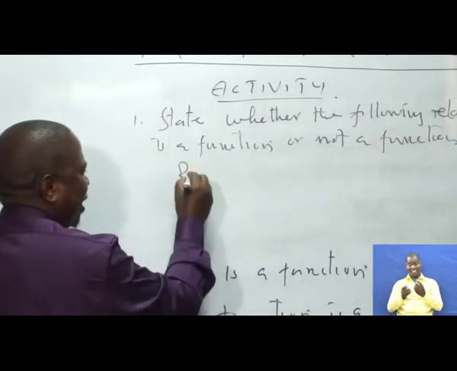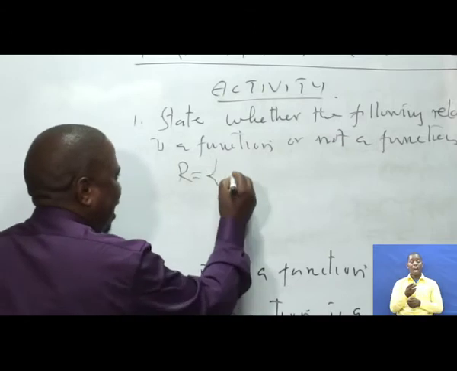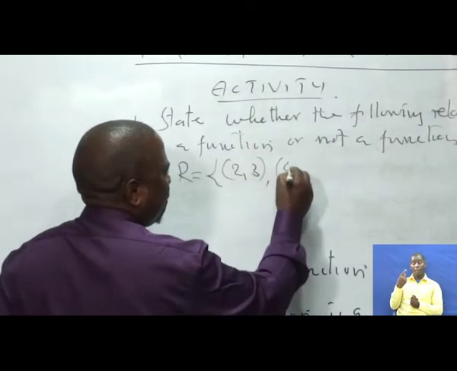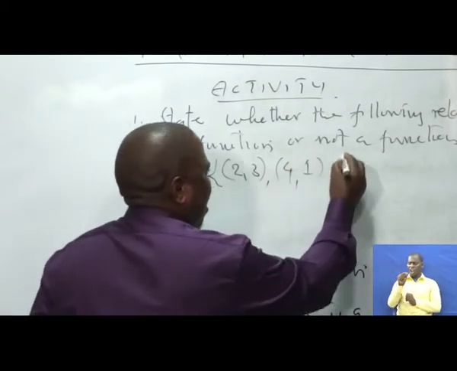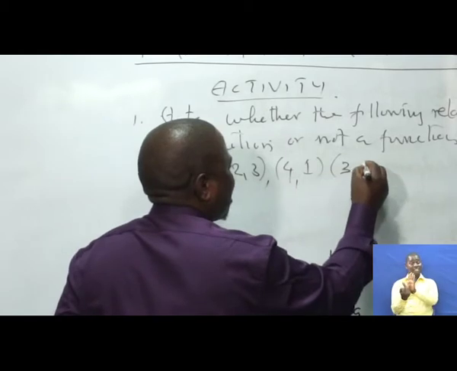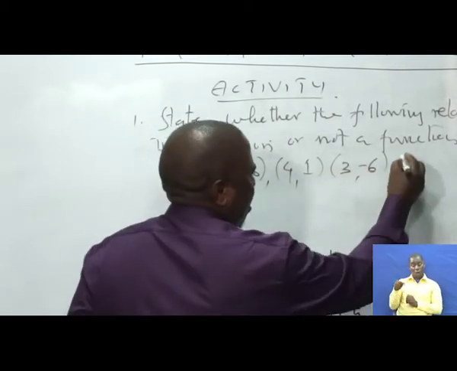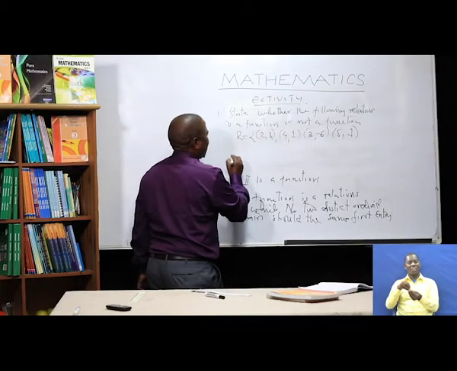You are given a relation. We know that's the notation for the relation. Everyone knows that. Let's say you have the ordered pairs (2, 3), (4, 1), (3, -6), (5, 1). Let me give you one more, not only one.